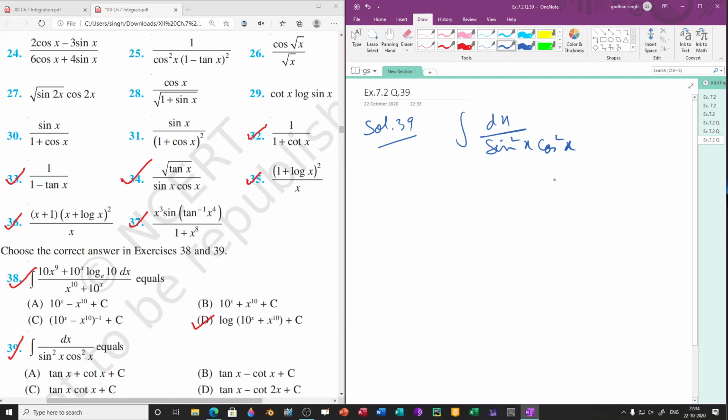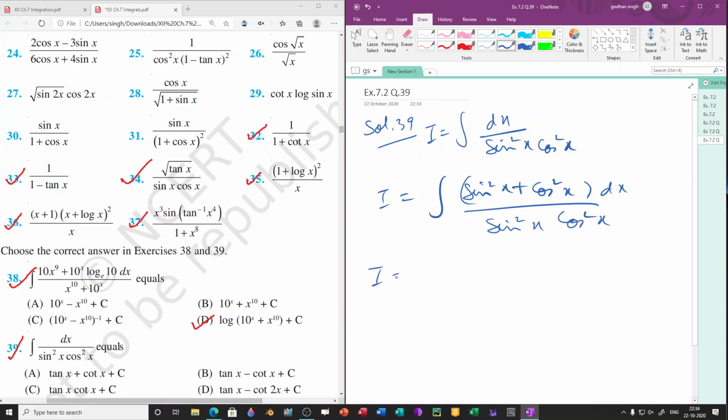Why are we adding? Because in the denominator we are having sine square x into cos square x. So let this be I equal to, we can rewrite this as I equal to (sine square x plus cos square x) dx, which means actually 1 dx, over sine square x into cos square x.